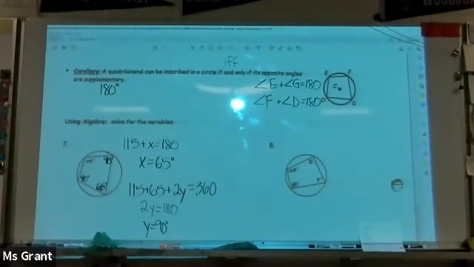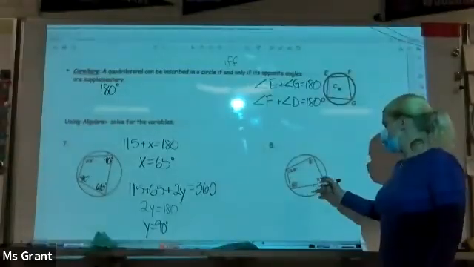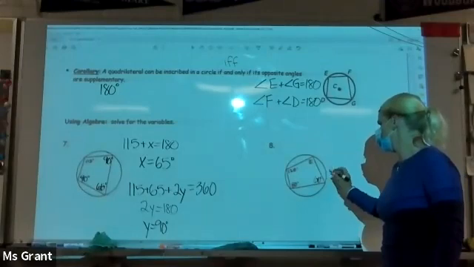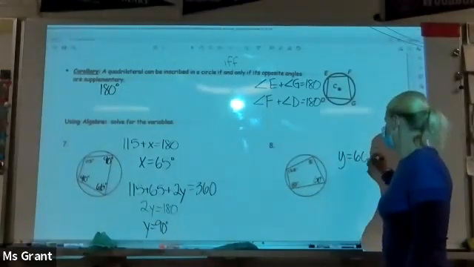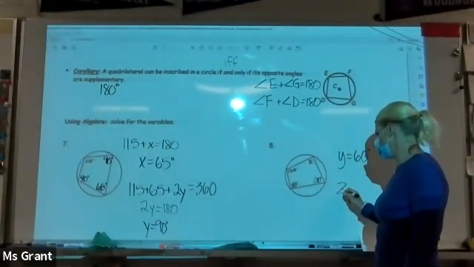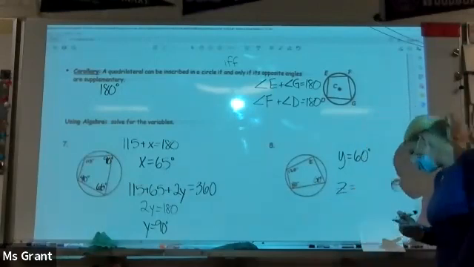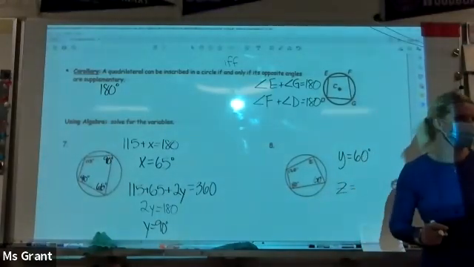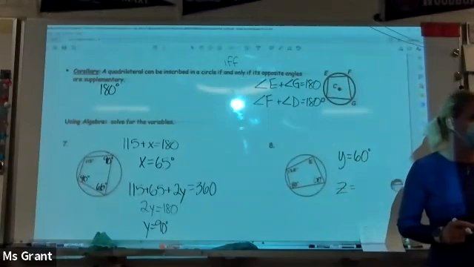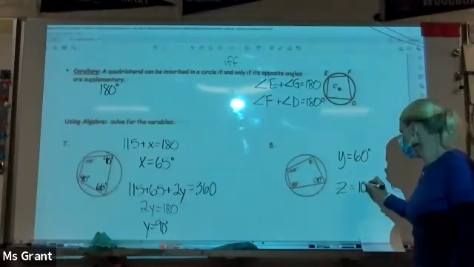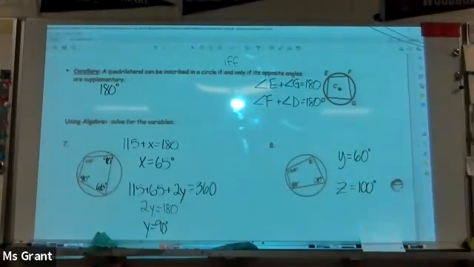Give me some numbers here. Y equals 60 degrees. So 120 plus 60. Someone else? Z equals, in here, ladies? 100 degrees. 100 degrees. Okay? So, perfect.